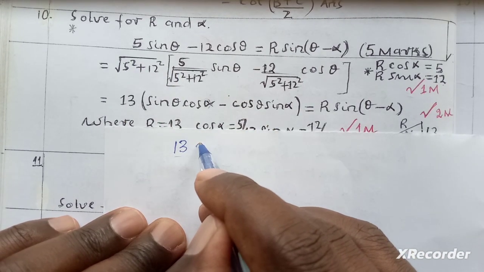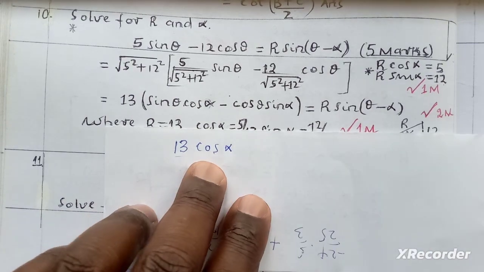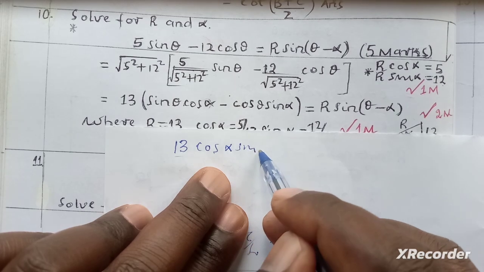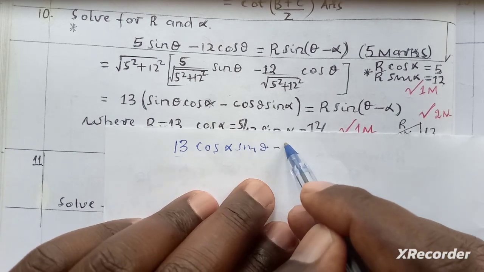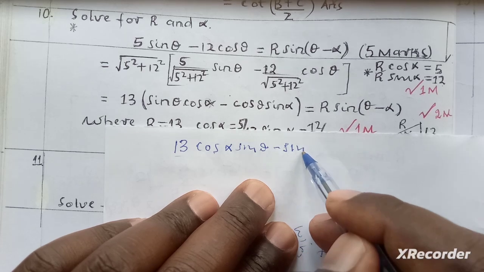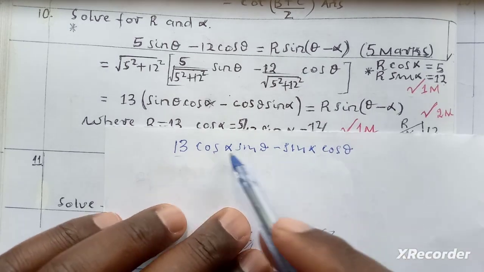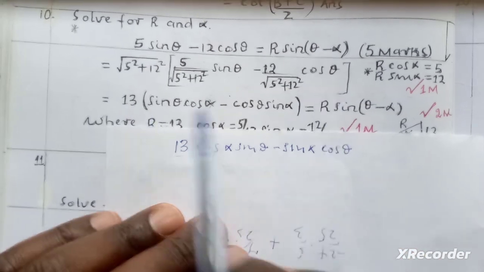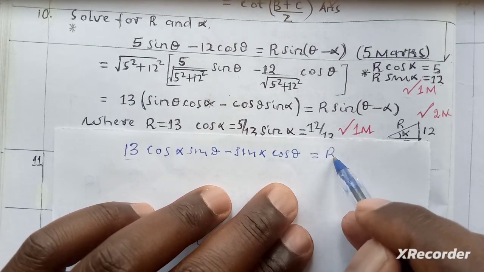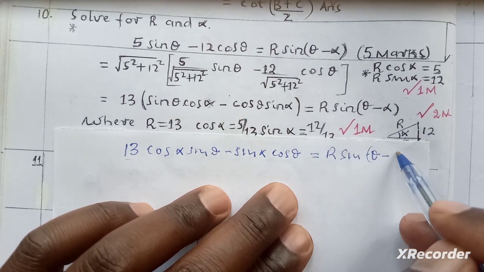Then cos alpha, which is now this, sine theta minus sine alpha cos theta. This is now our equation, and it is given by r sine theta minus alpha.